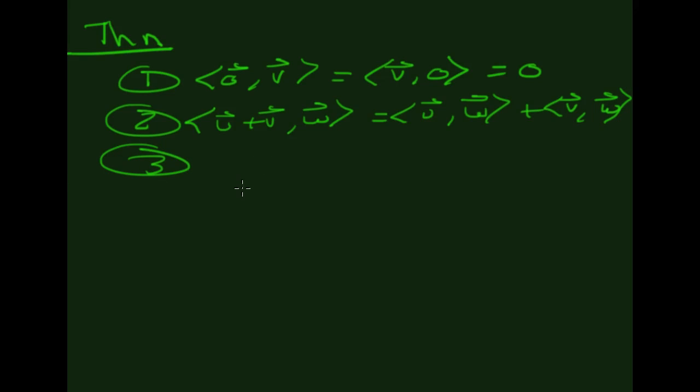Another quick property is that if I have the scalar on the second term, that's the same as the scalar times the whole. So the scalar can go on either one of the components of the inner product, but it cannot go on both.